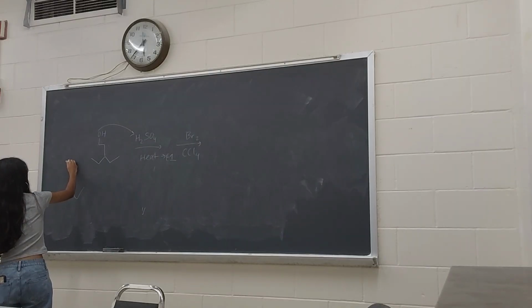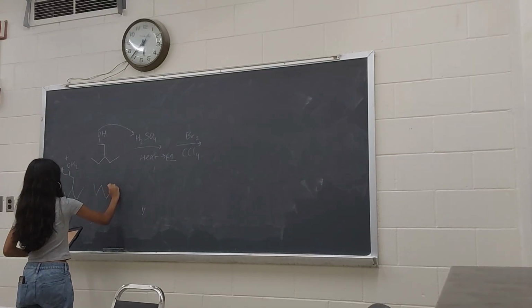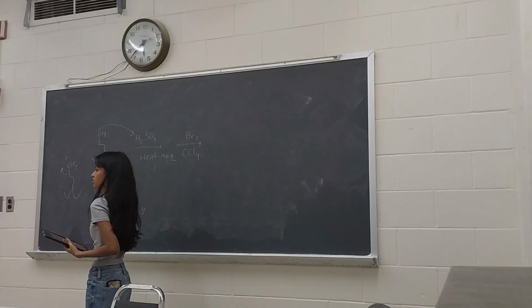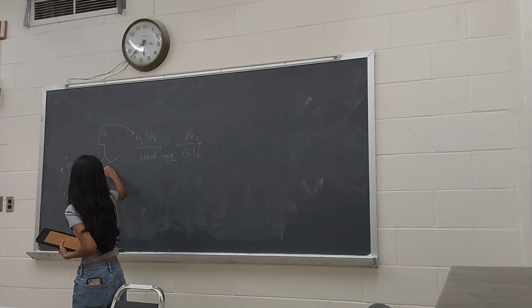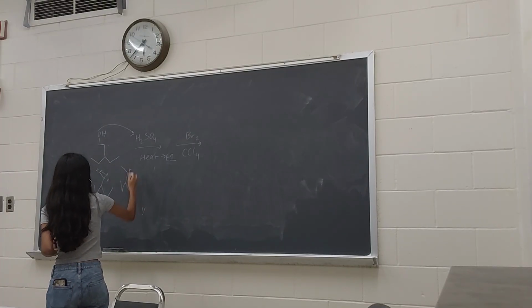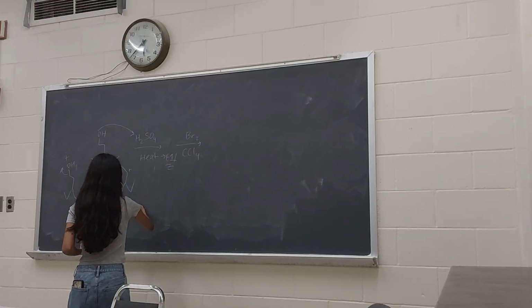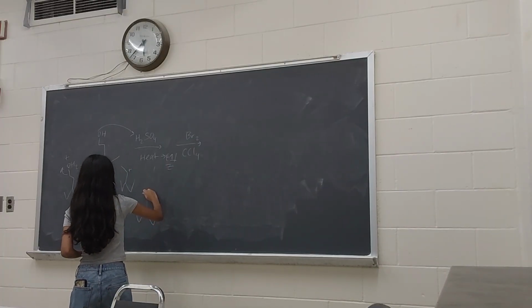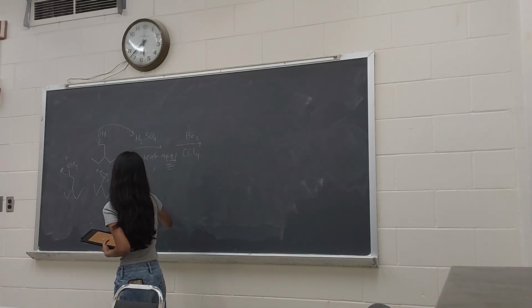So then we become OH2 plus. What can we shift? One of the hydrogens from here, right? And then E1 is always Zaitsev. So where will the double bond form? Here, right? Yeah.